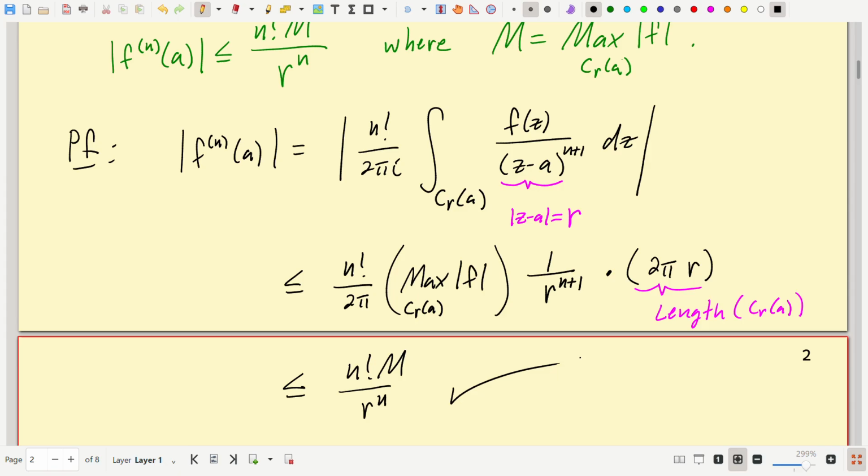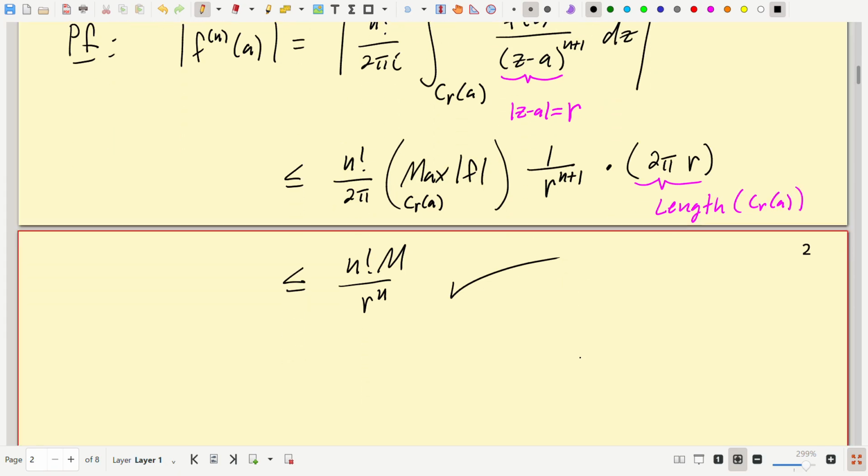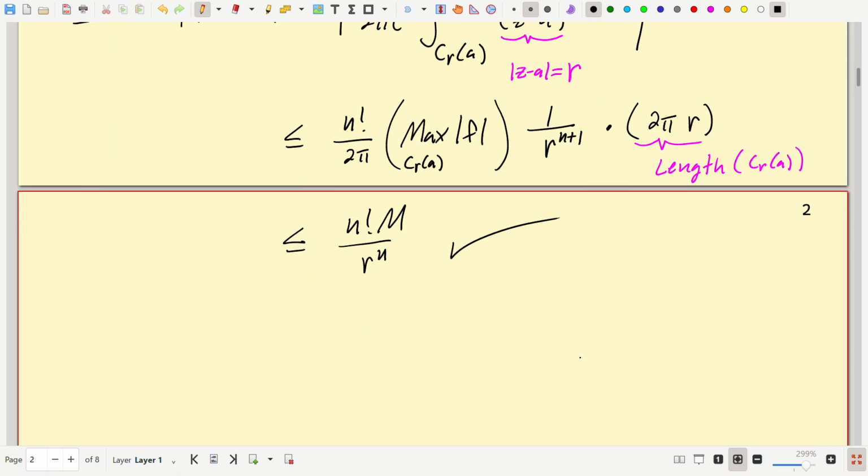Okay, and the first big theorem that's going to pop right out from that is Liouville's theorem, which I stated last time. Bounded entire functions must be constant.